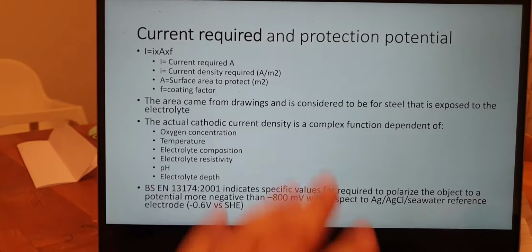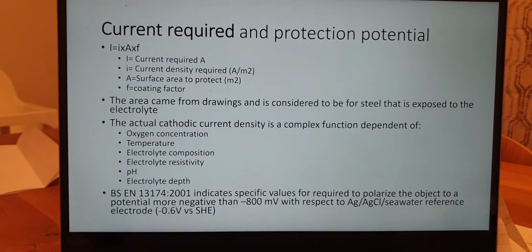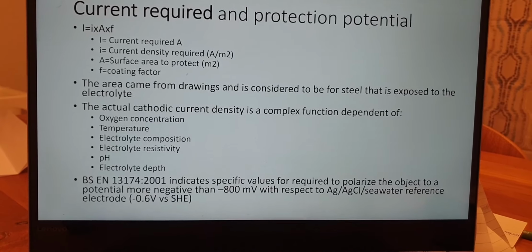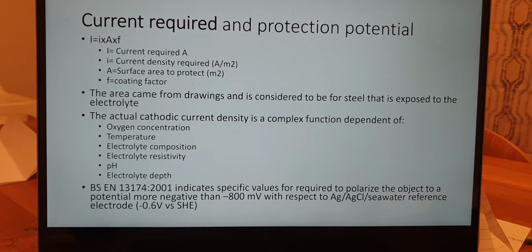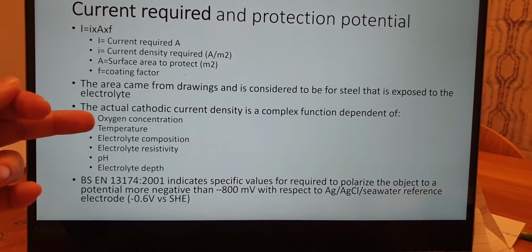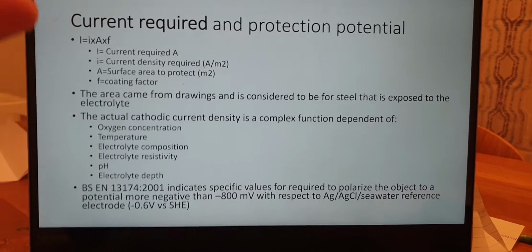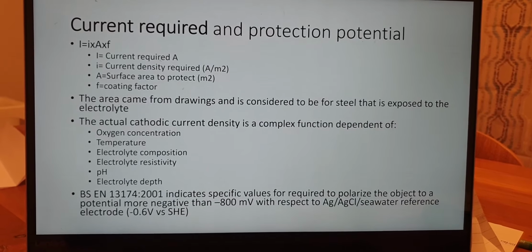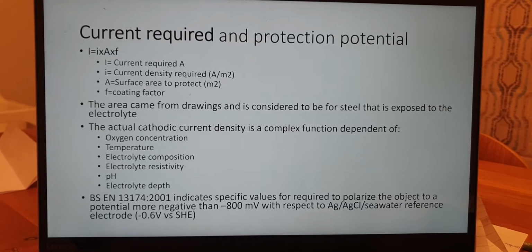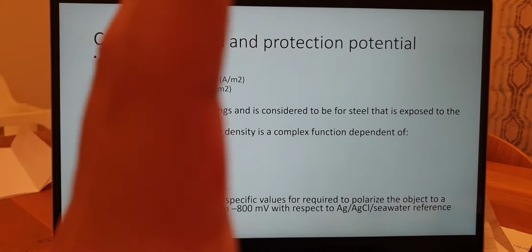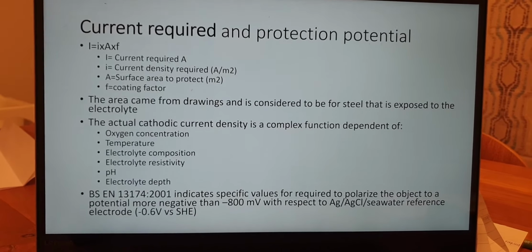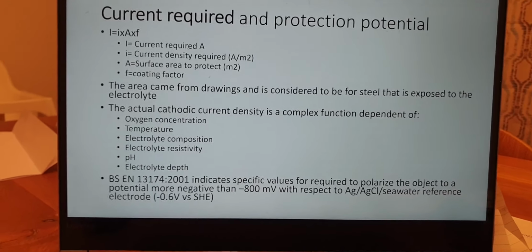So the actual cathodic current density is a complex function, as we evaluated over the course, in which different things are playing a role: the oxygen, the temperature, the composition of the electrolyte, the resistivity of the electrolyte, the pH, and the electrolyte depth. If you remember when we saw the kinetics section, we saw how the current changes depending on the conditions.